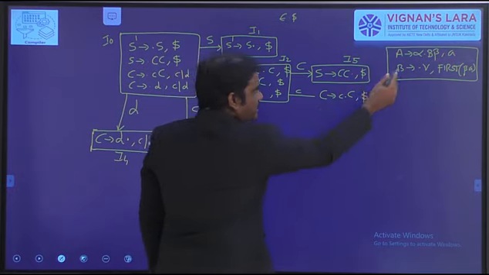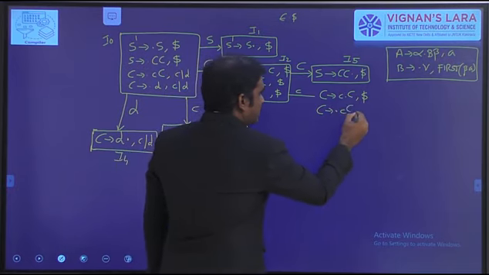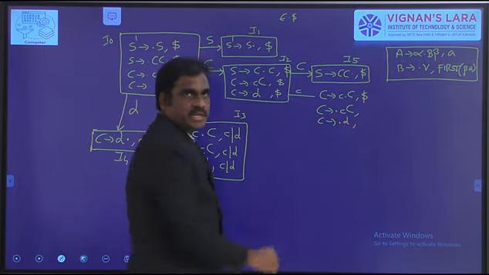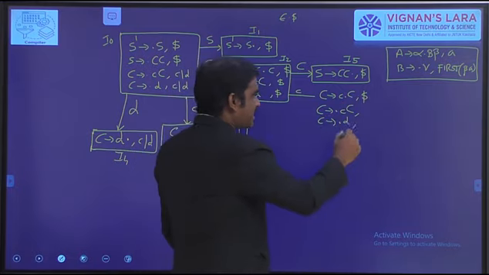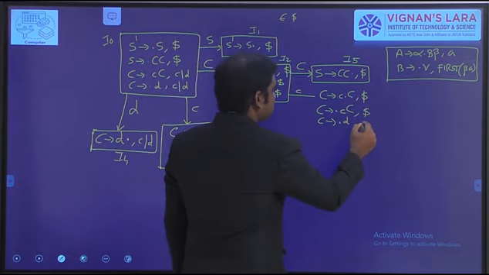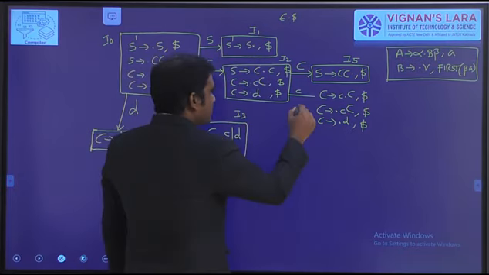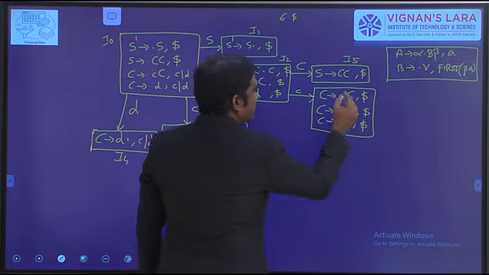Now again apply this formula: dot followed by C, and C is a non-terminal, so C to dot CC, C to dot d. First of beta A: what is beta? Epsilon. A means dollar. First of dollar is dollar. So this is a new set of items, I6.